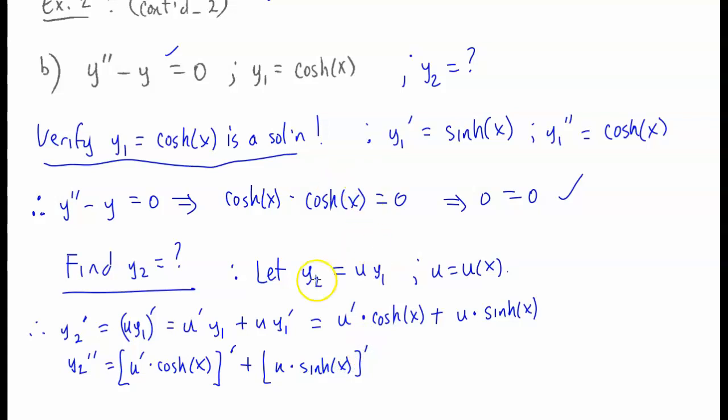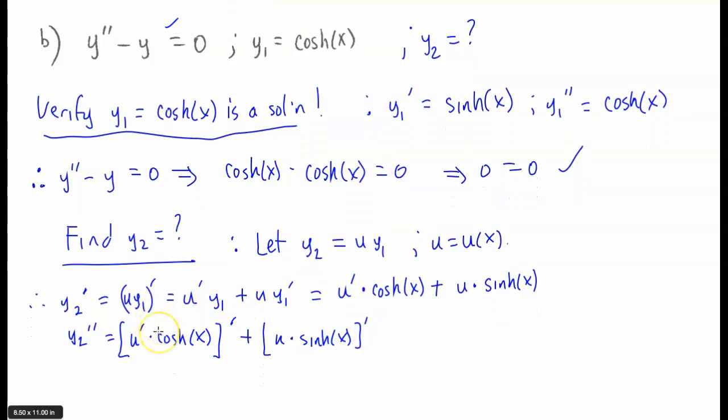For the first term, this is going to be the derivative of the first times the second, so the derivative of u prime, the second derivative, times the second, plus the first times the derivative of the second. And of course, the derivative of cosh is going to be sinh.